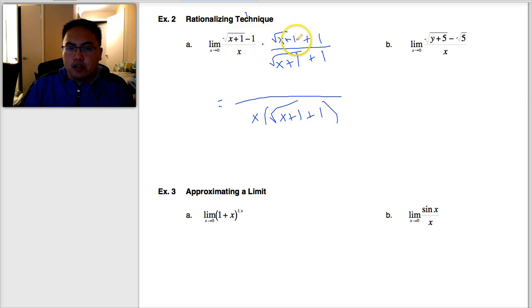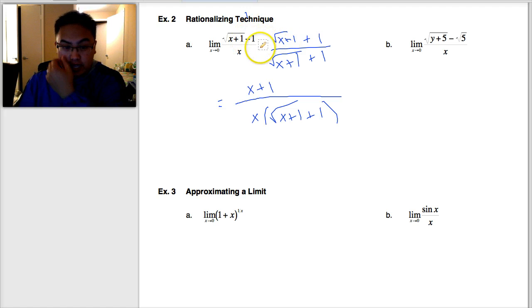So in the denominator, this multiplies out. But in the top, since I'm multiplying conjugates, remember when I do FOIL with conjugates, I don't care about the middle terms. All I care about is the first and the last. So square root of x plus 1 times the square root of x plus 1 is just x plus 1. When I FOIL this one and this one, they both cancel, right? I get a positive 1 and I have a negative 1. These middle terms cancel each other out.